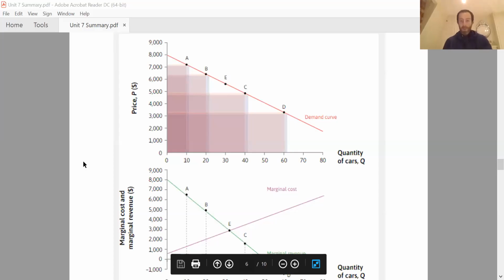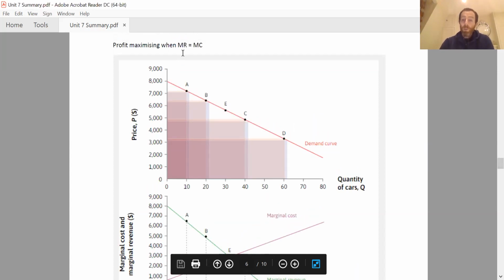Okay, so what I want to do now is talk through a second way that we can think about how a firm decides to maximize its profit. And that comes from this condition, which I've written up here. So it's finding the quantity of output where the marginal revenue is equal to the marginal cost.